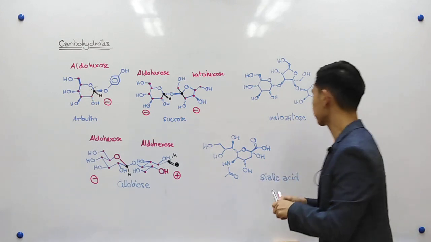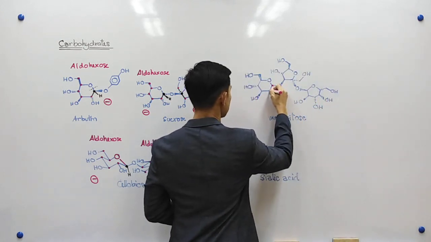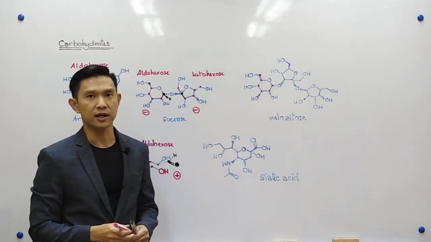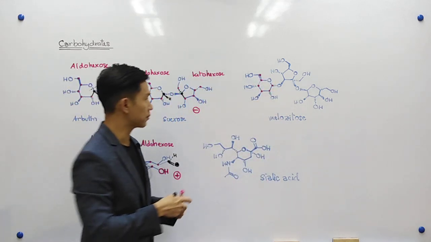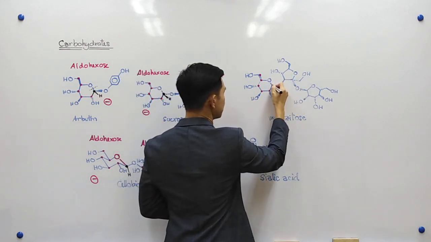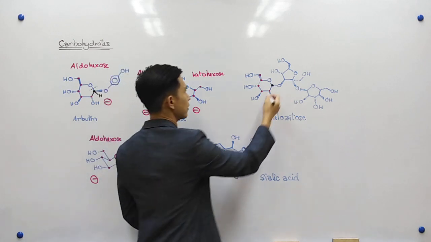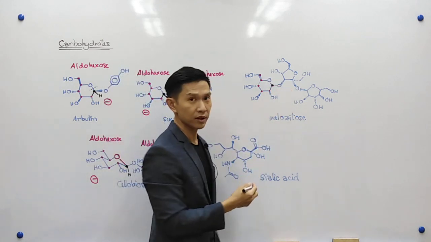The first ring is composed of 1, 2, 3, 4, 5, 6. Again, 6 carbon atoms, a hexose sugar, and this is your glycosidic carbon, composed of 2 oxygen atoms.